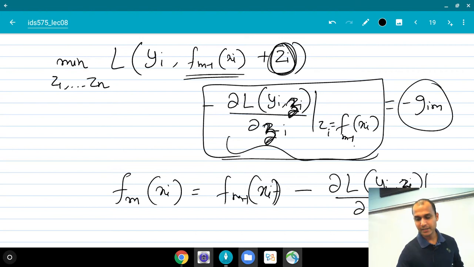Anyway, all I'm saying is we use the targets minus GMs to build a tree, and the tree is going to be added to the fm minus 1 guy in the forward stagewise additive modeling.